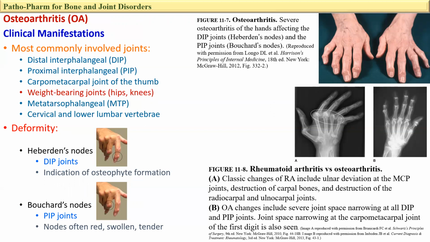There are two common deformities that result from osteoarthritis: Heberden's nodes, which affect the DIP joints, and Bouchard's nodes, which affect the PIP joints.